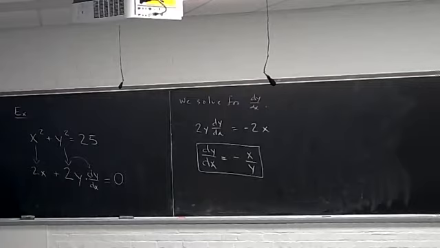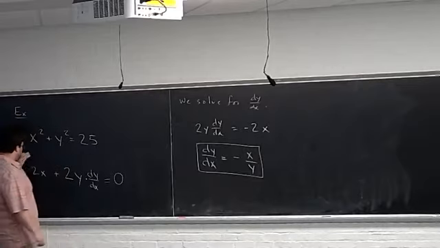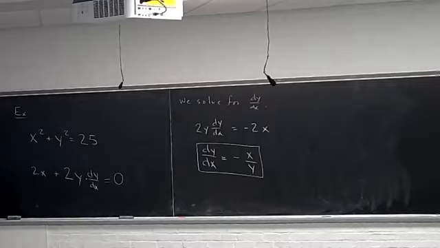So notice doing the derivative of the x piece, we got 2x, and that's our normal derivative observation. But when we did the y's, a dy dx showed up. So you can think of it as, every time you take the derivative of a y piece, throw a dy dx on it, or throw a y prime on it. But it does show up by the chain rule. Any questions about this first one?